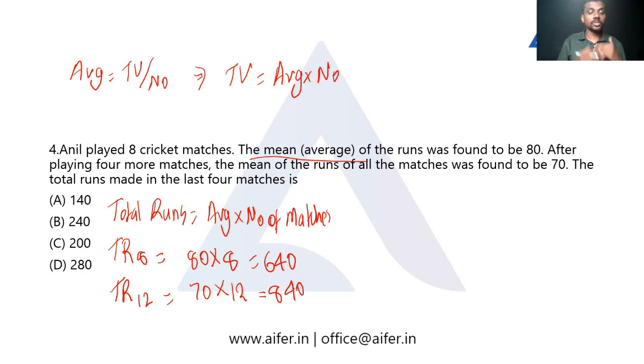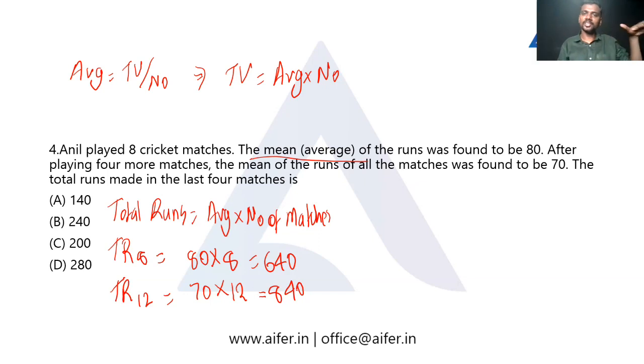So the total runs scored after 12 matches is 840, and the total runs scored after 8 matches is 640. So what will be the total runs scored in the last 4 matches?